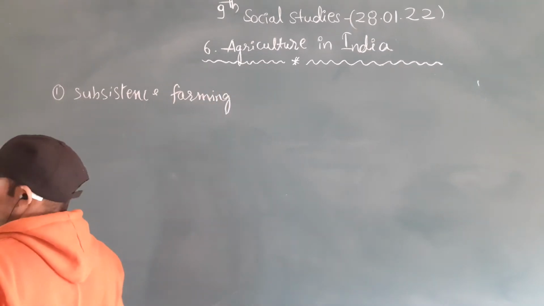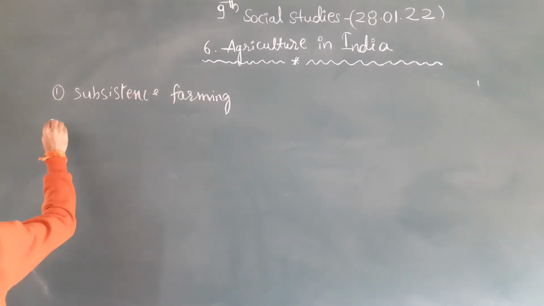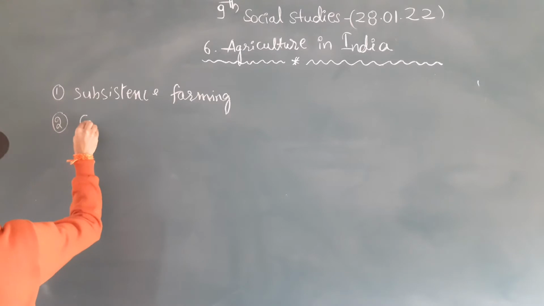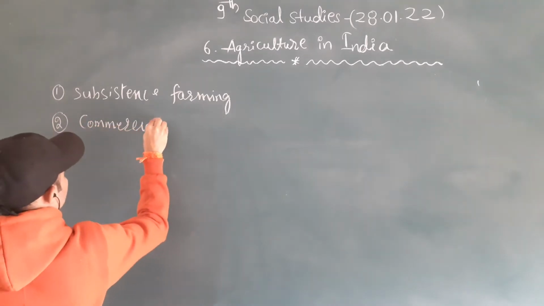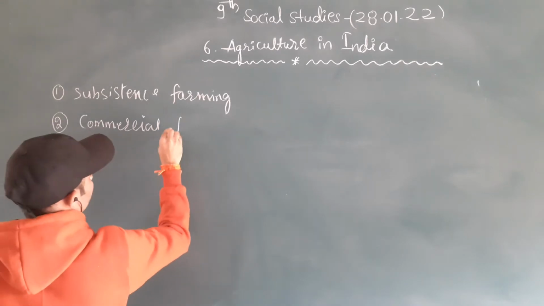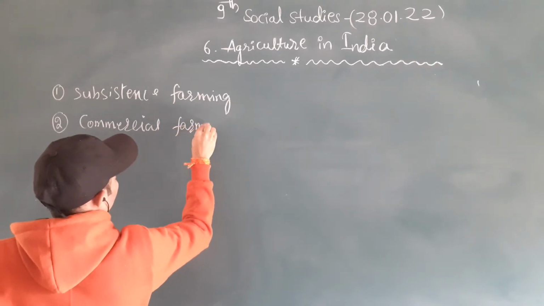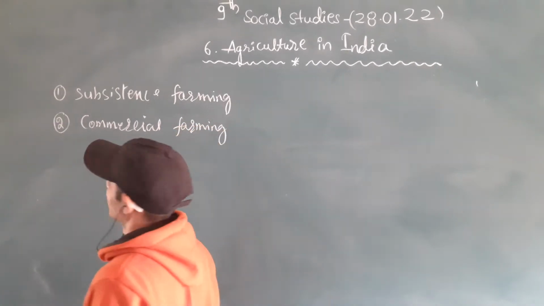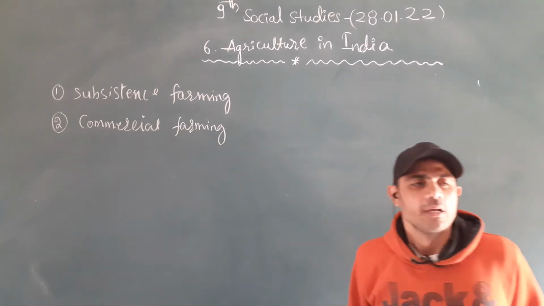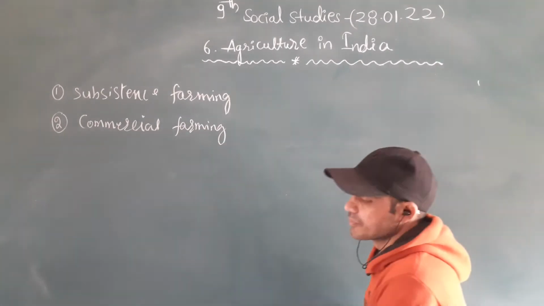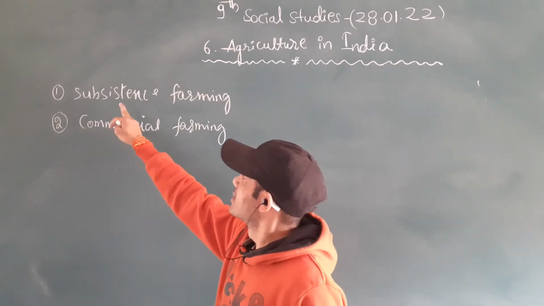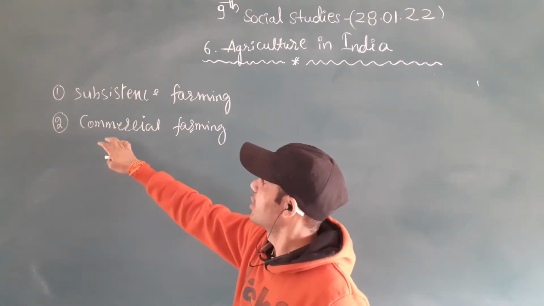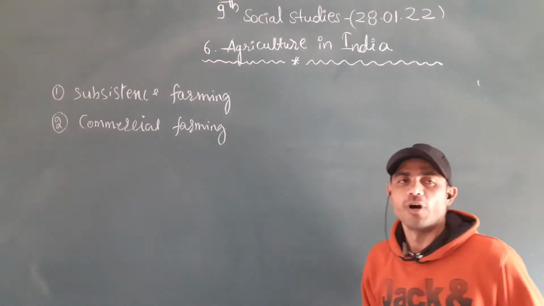One is subsistence farming, and another one is commercial farming. India divides agriculture into these two types: subsistence farming and commercial farming.